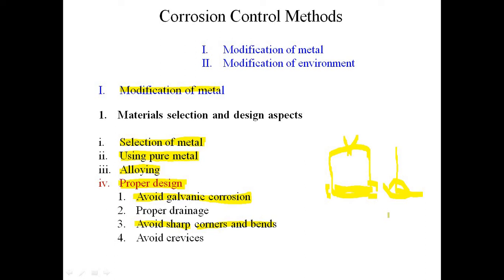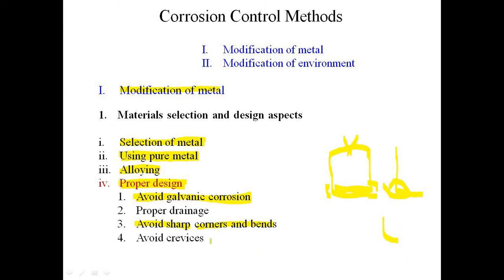We discussed this in the previous videos when we talked about the separation of anodic and cathodic regions in wire fence corrosion, or in some of the other galvanic corrosion examples. So sharp corners and bends can actually increase the rate of corrosion. You can avoid them by having a slightly bent structure, or even a better design.